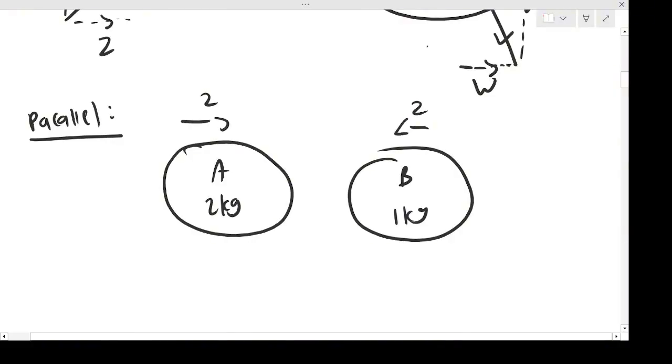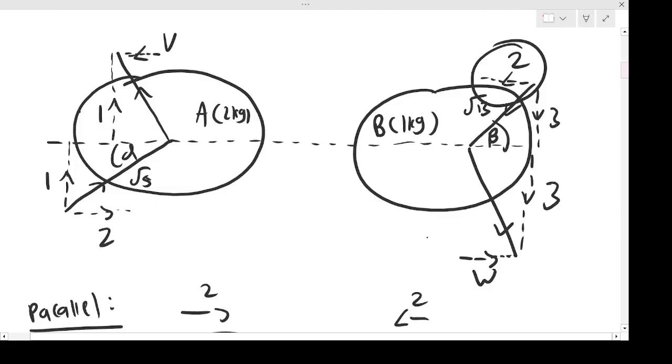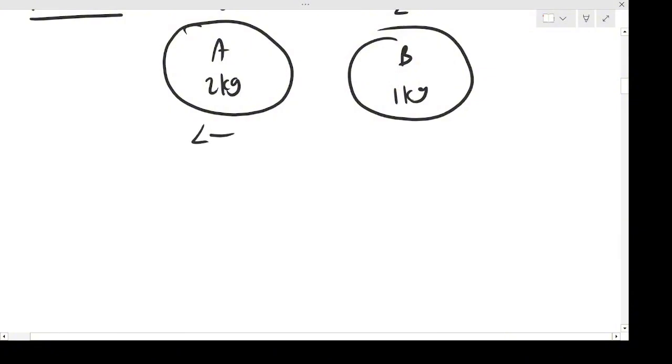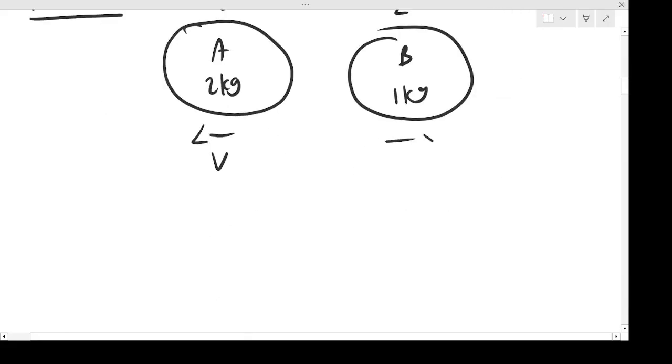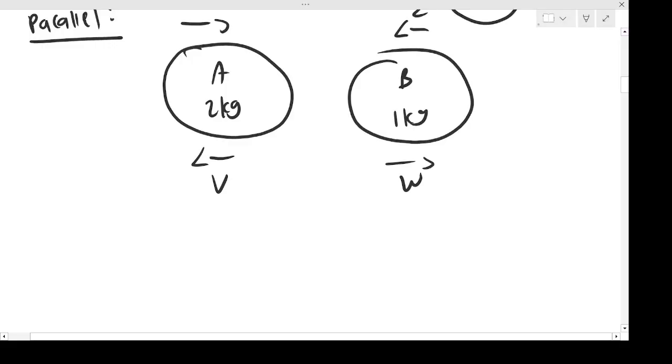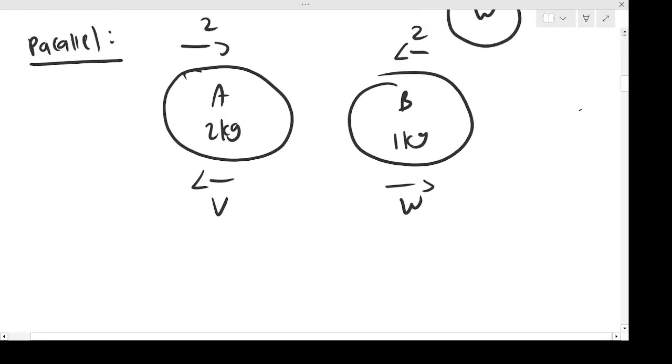And then afterwards, A's moving to the left here. Okay, parallel right by V. To the left by V here. And B is moving afterwards to the right by W like that. And those are all my parallel parts. And so it just becomes a very standard 1D situation, which we looked at in year 1. Okay. So firstly, we're going to apply momentum, then restitution.